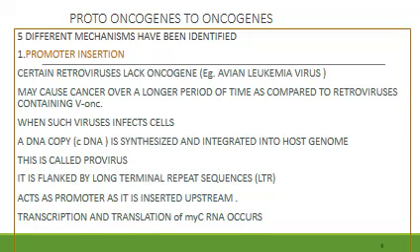When such viruses infect cells, a copy DNA is synthesized and integrated into the host genome, and this is called the provirus. This provirus is flanked by long terminal repeat sequences. These act as promoters as it is inserted upstream, and transcription and translation of the MYC gene occurs.